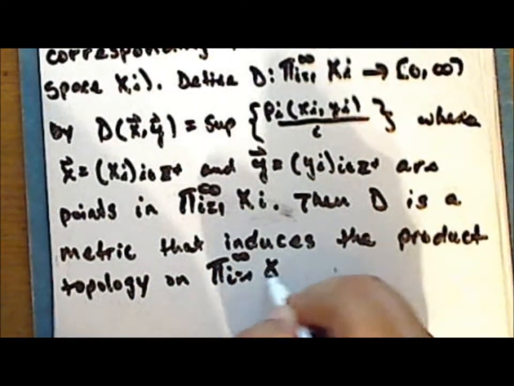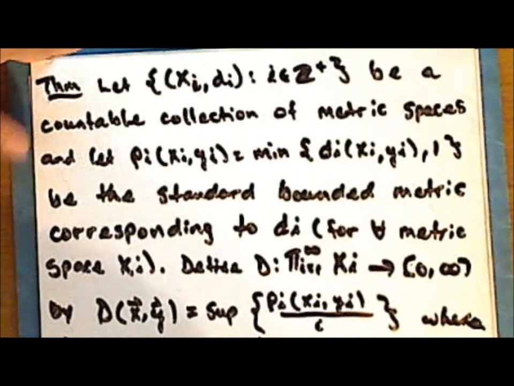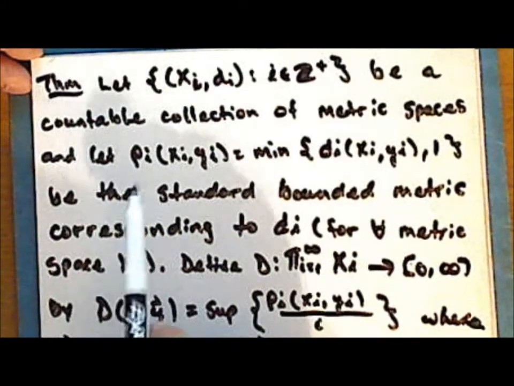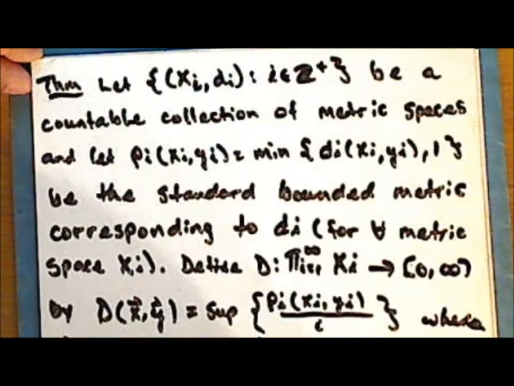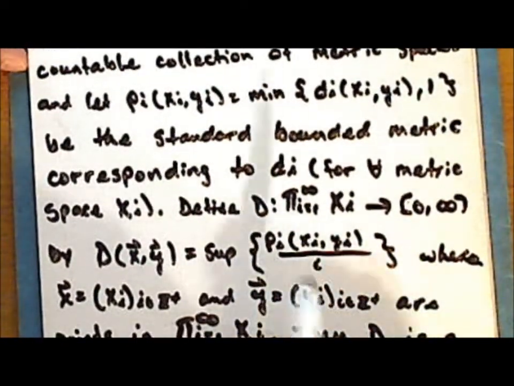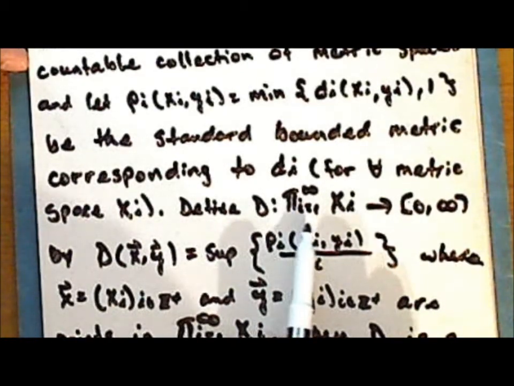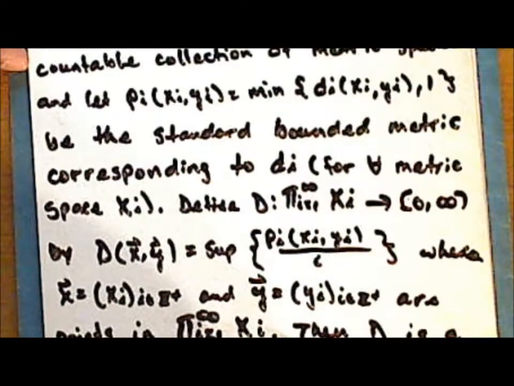On the countable product. Okay, so this is a long theorem, so let's go over it again. Given a countable collection of metric spaces, we take the standard bounded metric for each metric on the space, and use this to define a new function, capital D, from the countable product of spaces X_i into the non-negative real numbers.